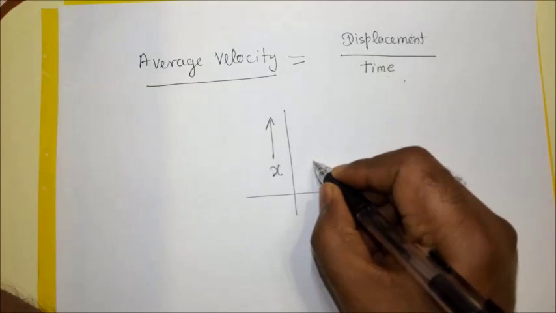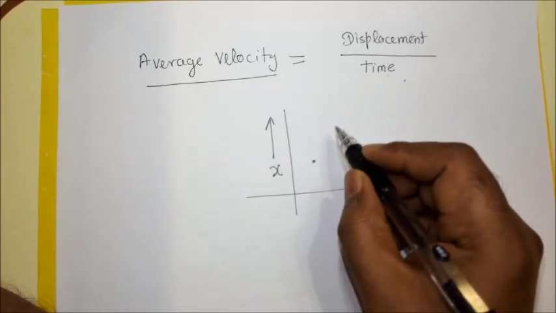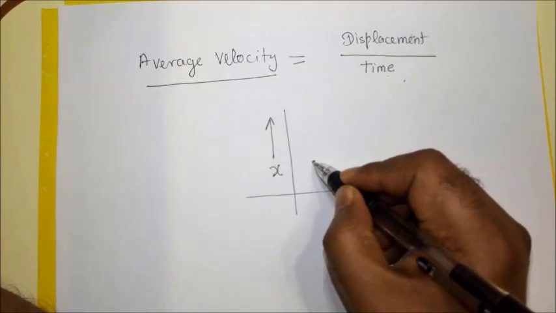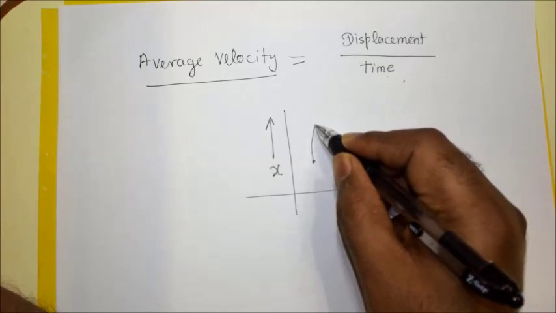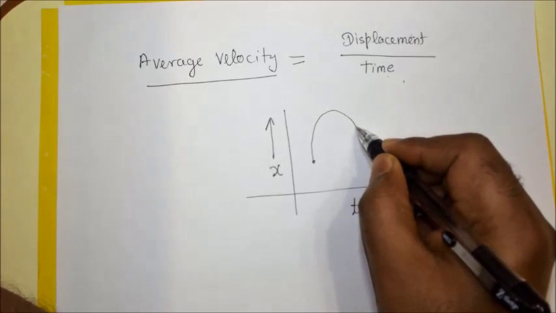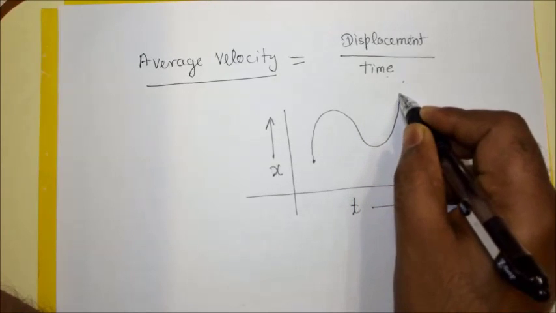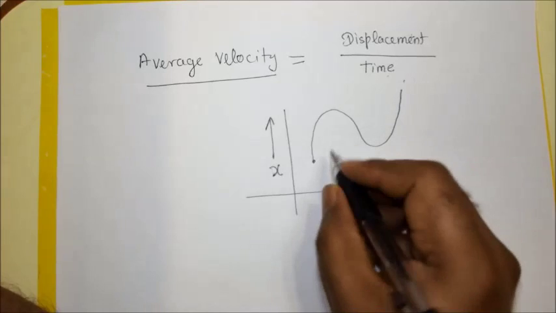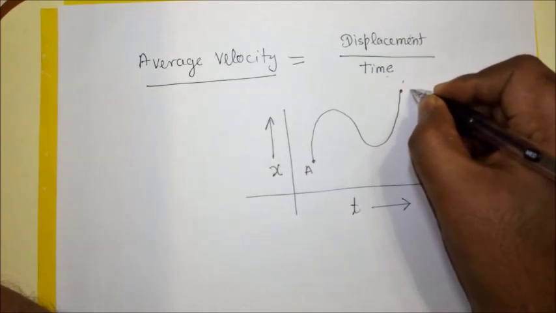Suppose someone is moving forward with time, then going back, then going again forward. Here is the starting point A, here is the end point B.